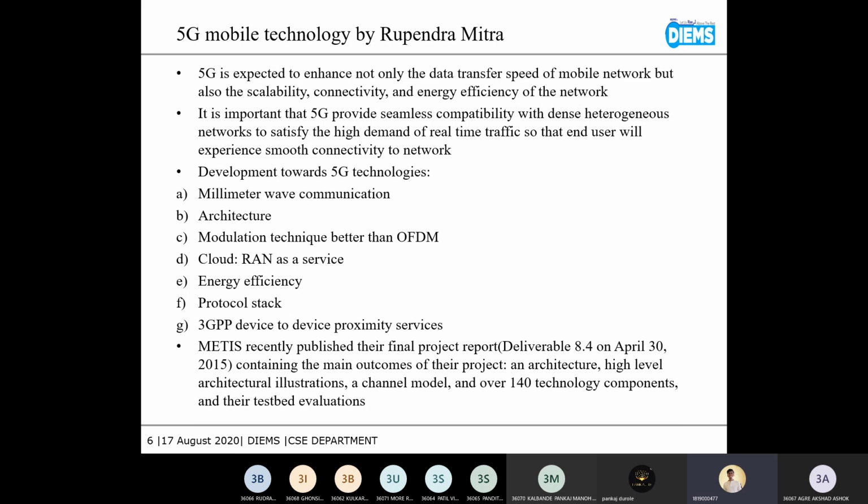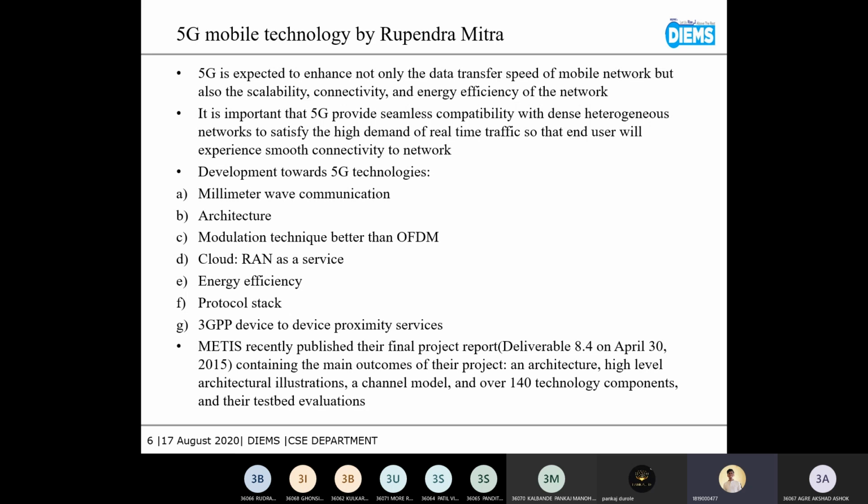Then the fourth one, Cloud RAN as a service. Basically we don't use the word Cloud RAN, we use CRAN. CRAN is centralized RAN, and it is the architecture of cellular networks.